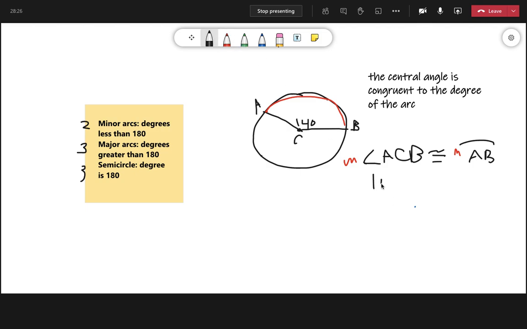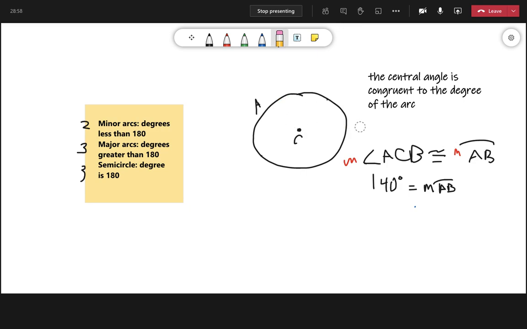So 140 is the degree of ACB. So that means that is the measure of AB. Okay? Let's go on to a different example. And remember, the endpoints of your angle give you your arc.